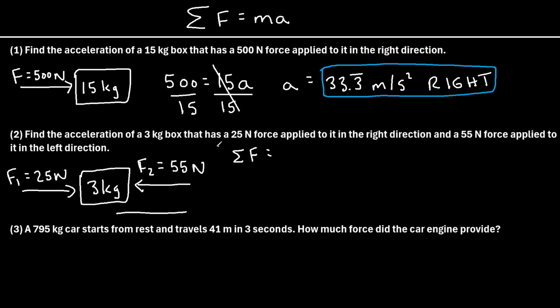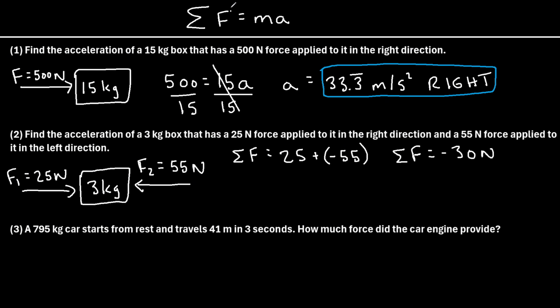So when we're adding the forces together, we'll say 25 plus this 55 right here, we're going to say this is a negative value since it's going in the negative direction. So we'll say plus negative 55. Or in other words, 25 minus 55, that turns out to be negative 30. So our net force is equal to negative 30. We could say newtons if we wanted to.